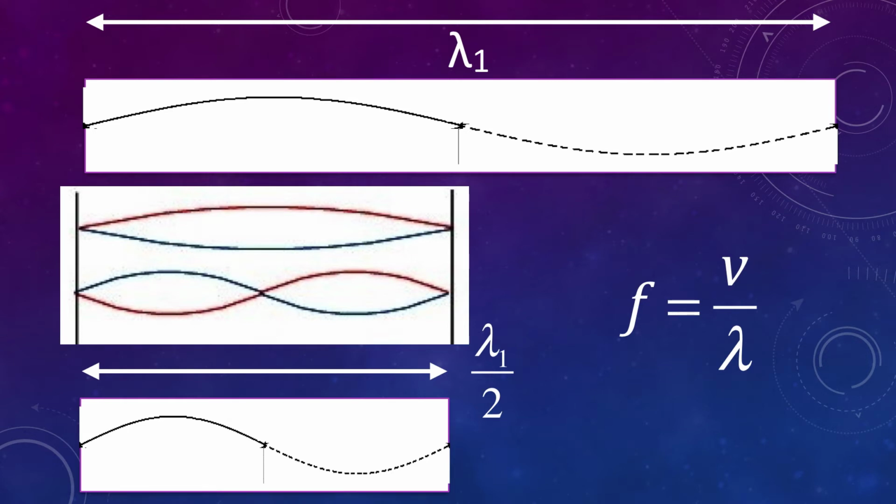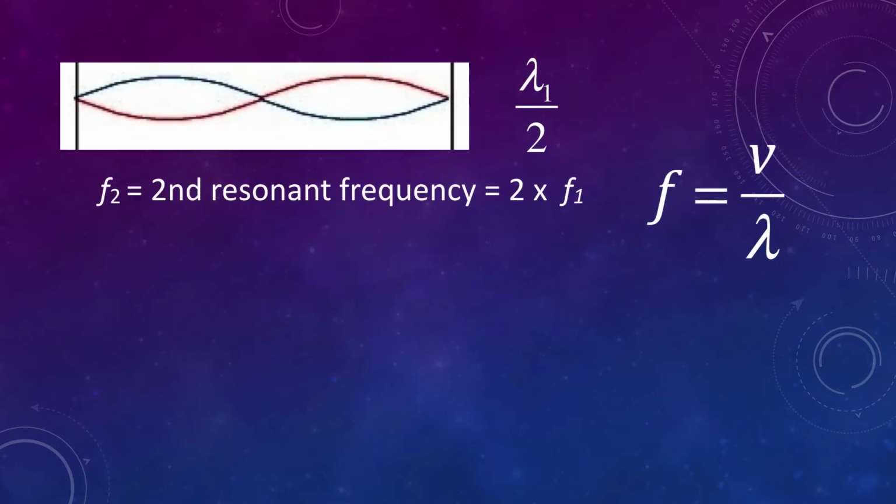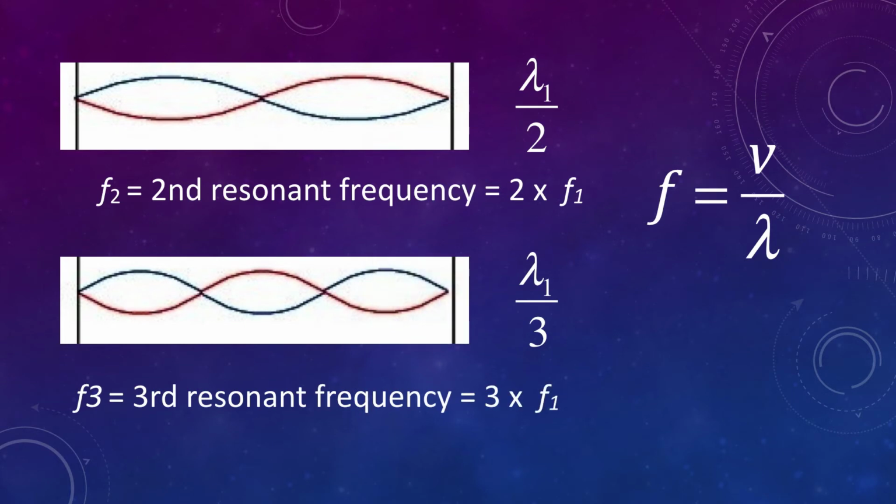Since velocity is constant, if the wavelength is half of the original wavelength, then the frequency must be 2 times the fundamental frequency. We call this the second resonant frequency, and we'll also call it F2. Similarly, the next standing wave would have a wavelength 1/3 of the first wavelength, and so the frequency would be 3 times the fundamental frequency. It will be F3, and so on.